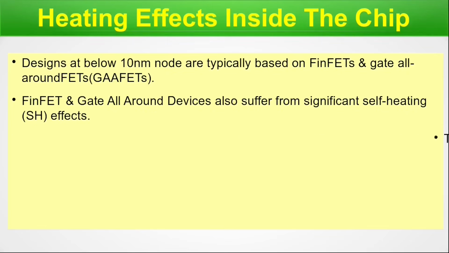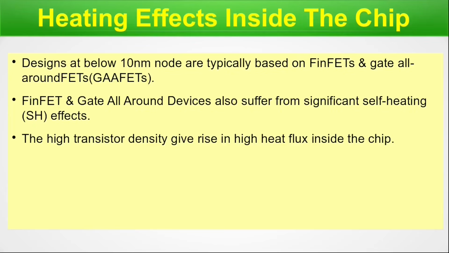That is the self-heating. The high transistor density gives rise to high heat flux inside the chip. So this is another cumulative effect. Inside the chip, there will be millions of gates, right? So there we have multiples of those millions as the basic transistors. All those transistors are contributing to the heat, and adding up the total heat inside the chip, the packaged chip temperature goes high.